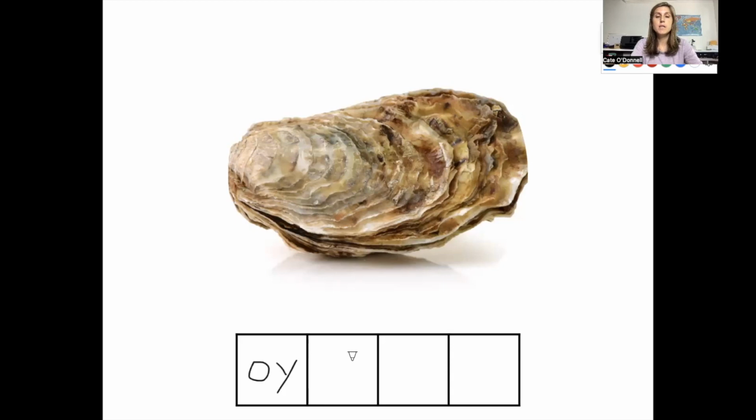Oys. What letter makes the S sound? The letter S. What's the next sound in oyster? Oyst. What letter makes the T sound? The letter T. And what's the last sound in oyster? Is E-R. This is how you spell oyster.